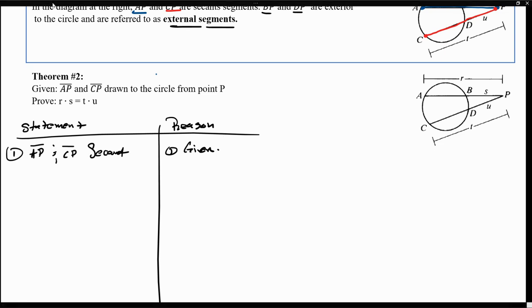I'm going to introduce two auxiliary lines. Let me introduce the auxiliary line AD. And also I'm going to introduce this other auxiliary line, CB. And what type of lines? They are chords.